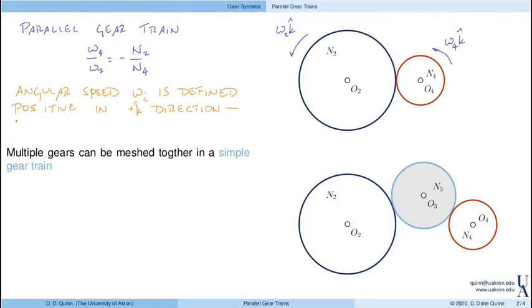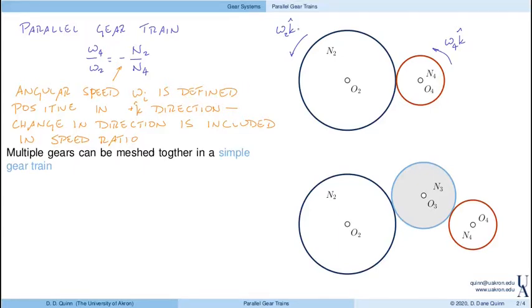As a result, the change in direction between these gears, so the fact that if omega 2 rotates counterclockwise, then omega 4 would rotate clockwise, is included in the speed ratio through the negative sign.